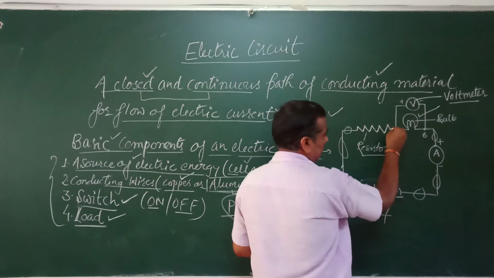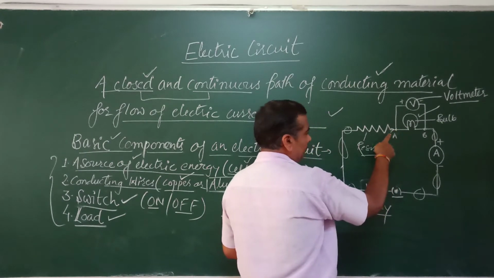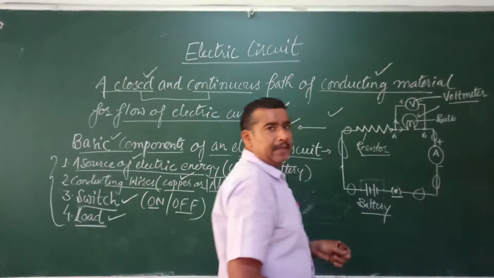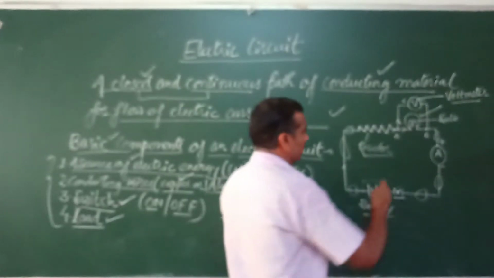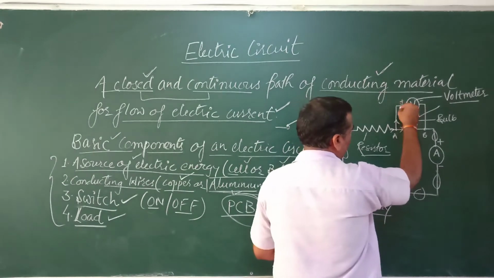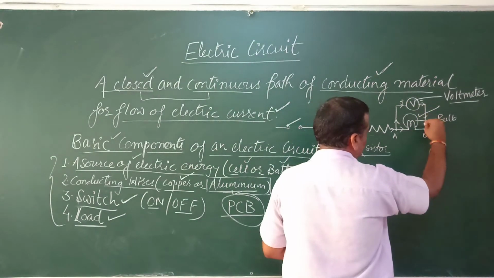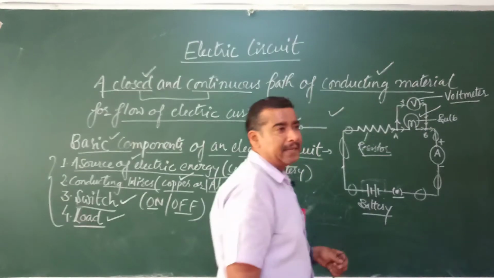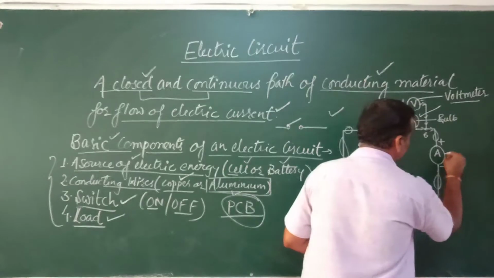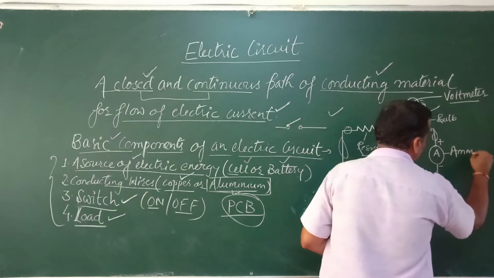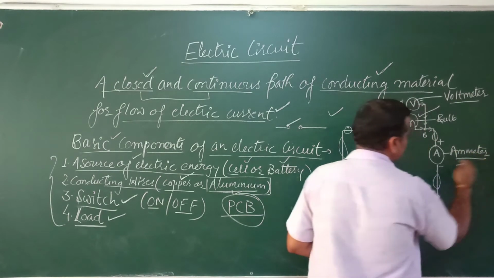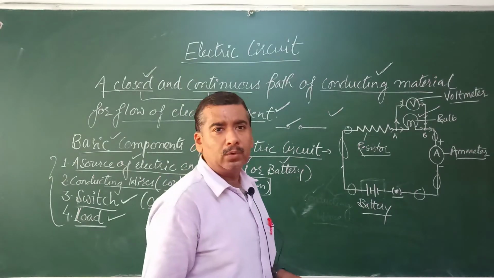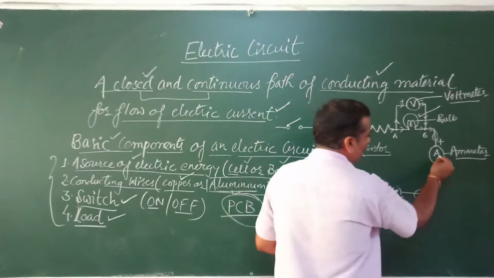तो आप यहाँ पे देख सकते हो the current comes here. Now here there is bifurcation of current, there is division of current. When there is division of current, it is always said that it is in parallel, ठीक है, parallel में. Now this particular device is known as ammeter, and it is used for measuring the amount of current flowing through the conductor, and it is always connected in series.